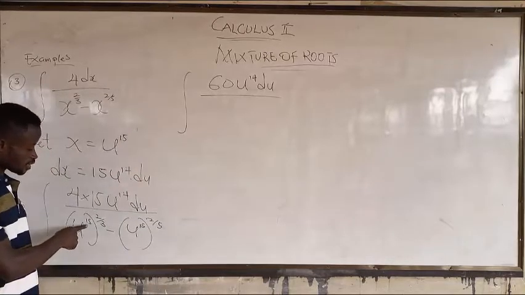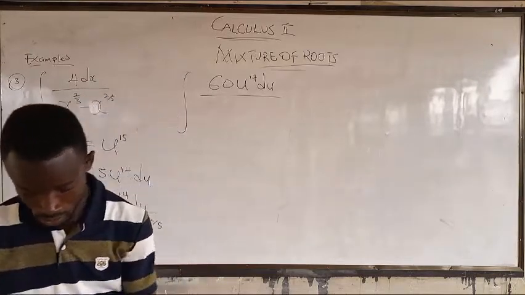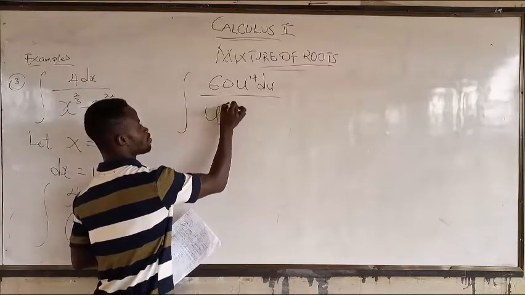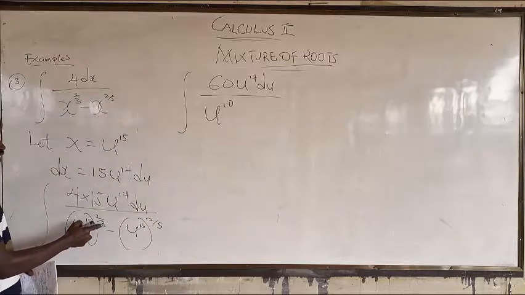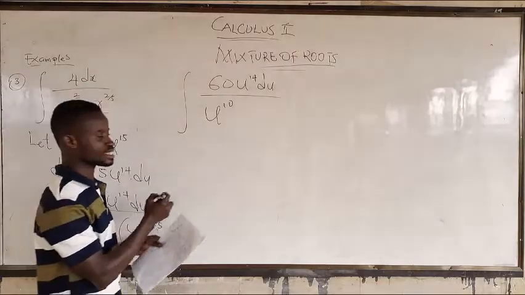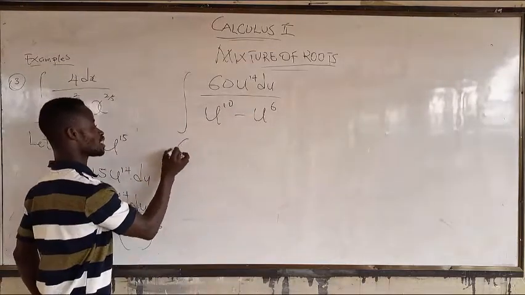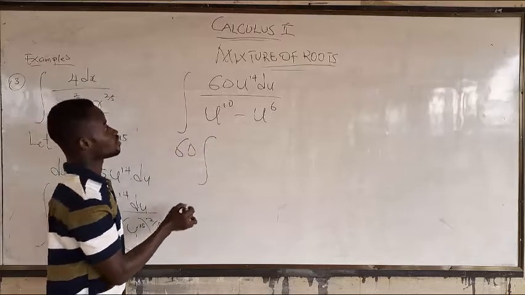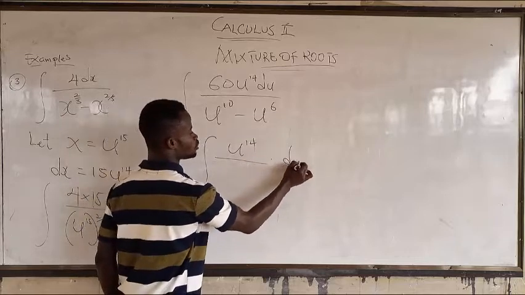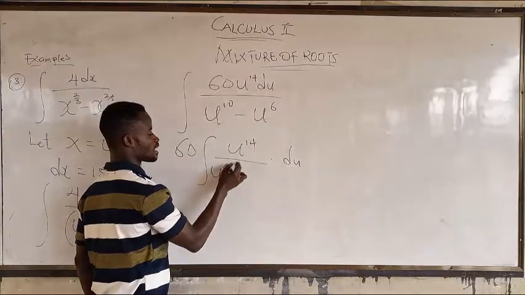Now don't forget that when you multiply 5 by 2 over 3, that's going to give you u raised to the power 10. Alright, because the 3 will go into 5 once, then multiply 5 by the 2, which is 10, minus u raised to the power 6. So we bring out the 60. Then here will be u raised to the power 14 over the u here. Now don't forget, the least one is power 6, so you can bring that out.